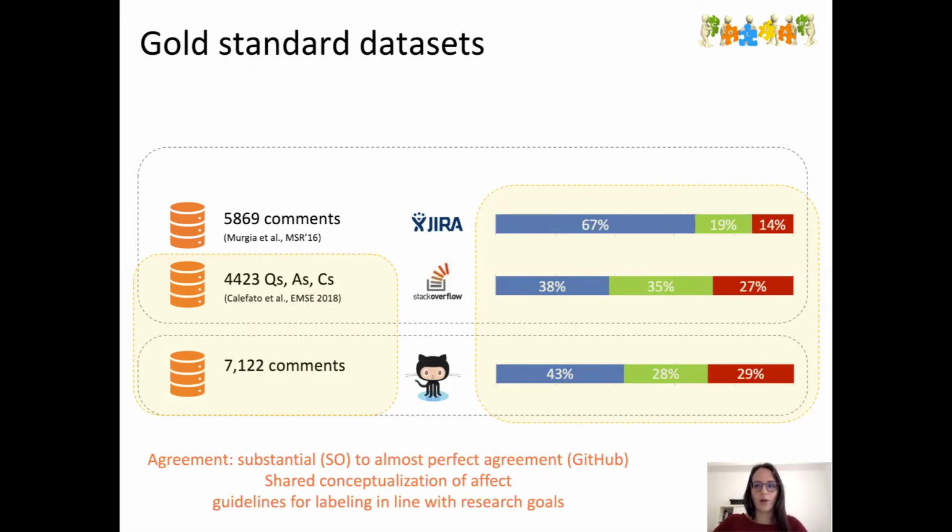So we developed our datasets in our own lab, and even if in the two labeling studies we involved different raters, like for Stack Overflow we had 12 raters who were trained by referring to the Shaver framework of emotion, in our GitHub dataset we had three raters, so it's different people labeling different data, but still we hold, as researchers from the same lab, the same conceptualization of affect and the same interpretation of the very same theoretical model.